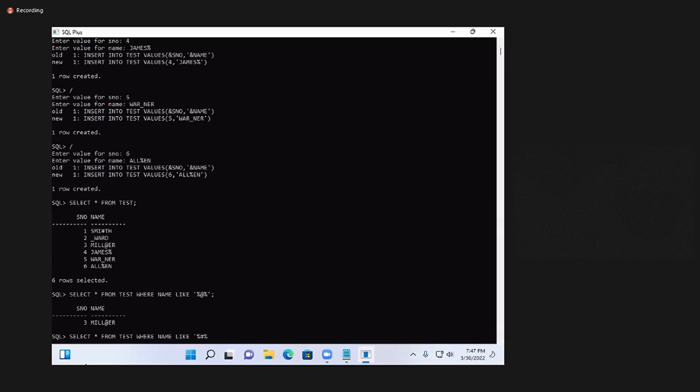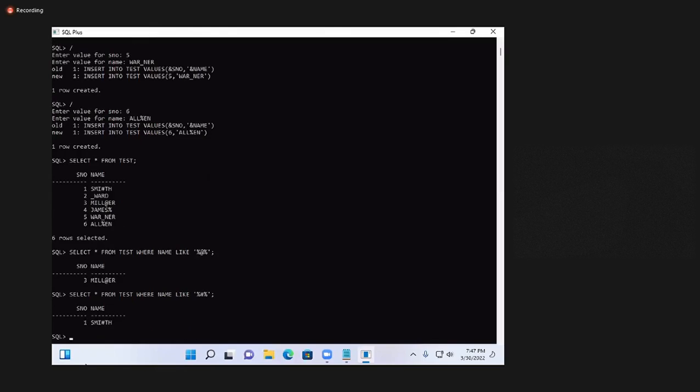Then the Ash symbol people information we will get.